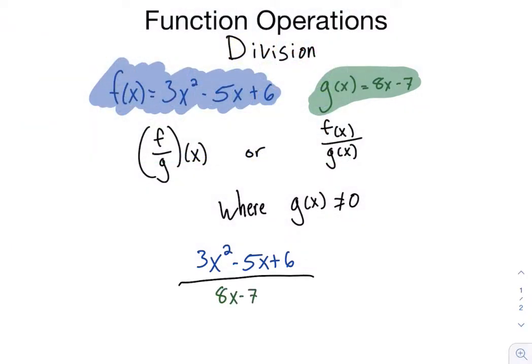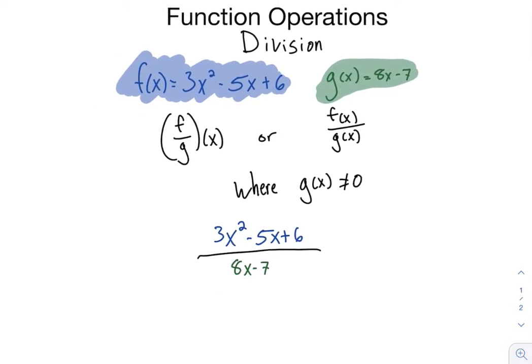Now you notice I didn't use parentheses. This is the first time I've not done that. Basically that's because anytime you have a fraction, there's kind of an unspoken set of parentheses in both the numerator and the denominator. All right, so this gives us what we're looking for, which is f divided by g of x.